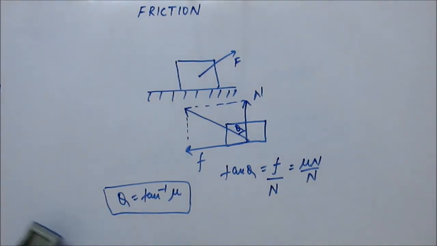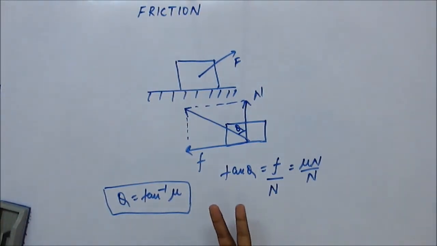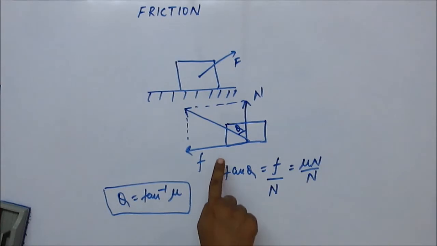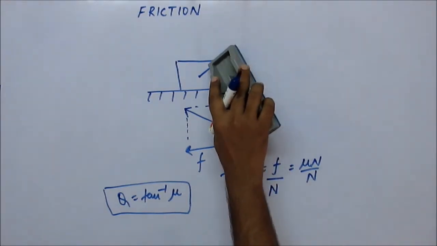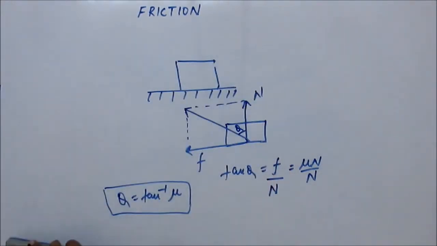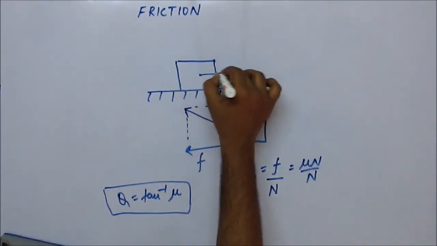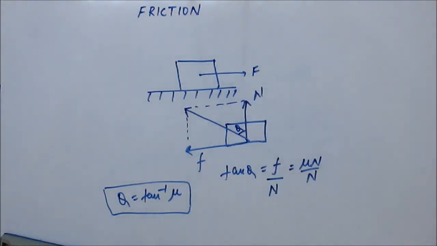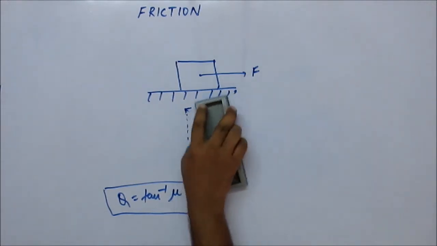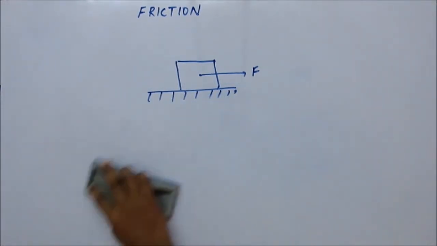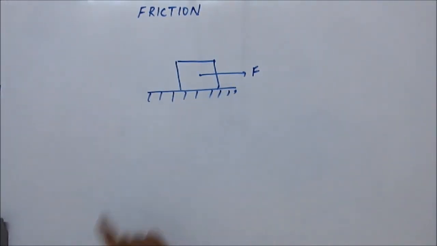Okay, now suppose you are asked what is the resultant of the contact force which is acting on the block. Now this time suppose the force is acting horizontally. Now remember, contact force is the force which the surface is applying, the force applied by a body which is in contact with the block.